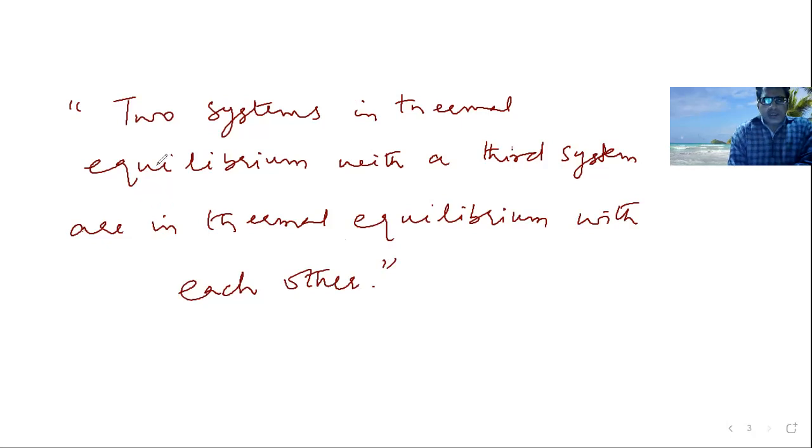What does it say? It says two systems in thermal equilibrium with a third system are in thermal equilibrium with each other. That means if I have system A, system B, and they are in thermal equilibrium with the third system, system C, they will be in thermal equilibrium with each other also. I will make a diagram.